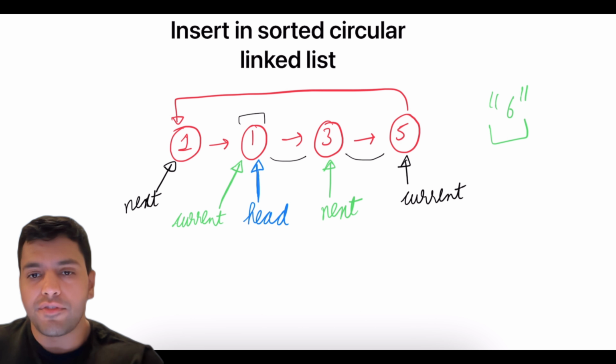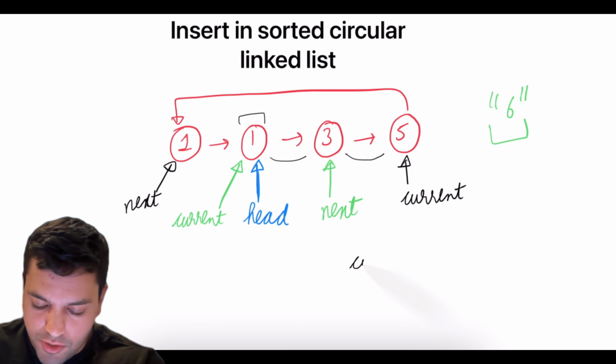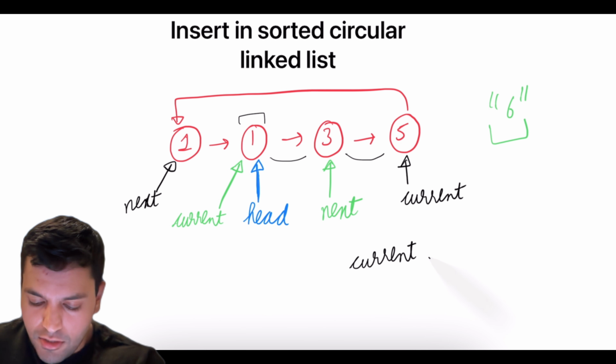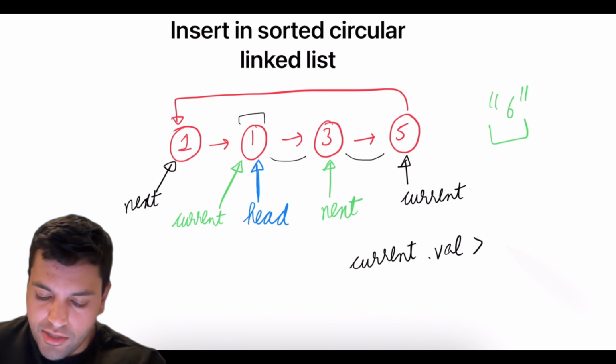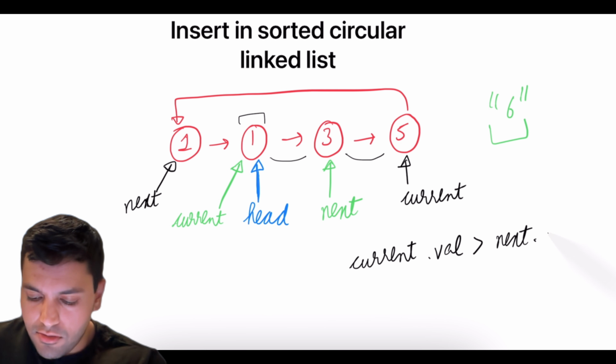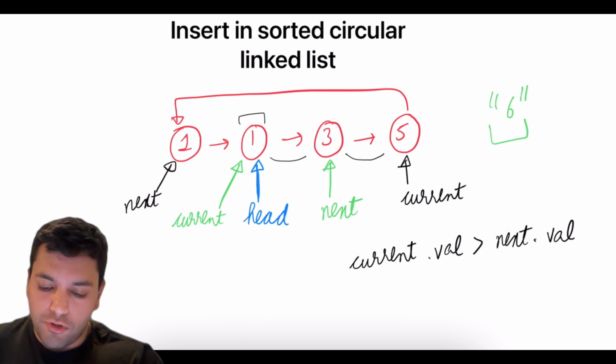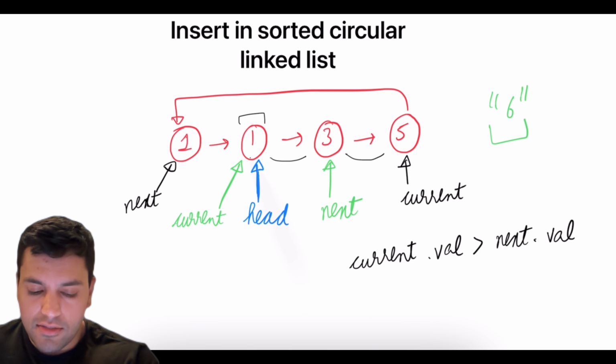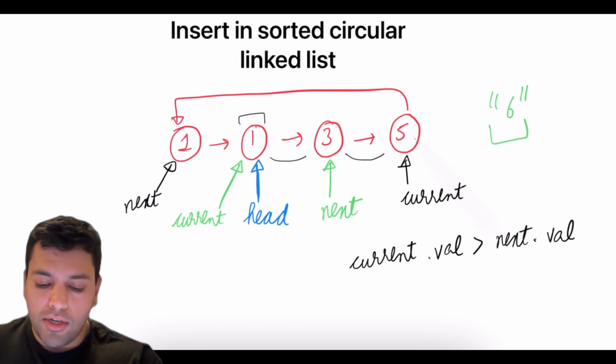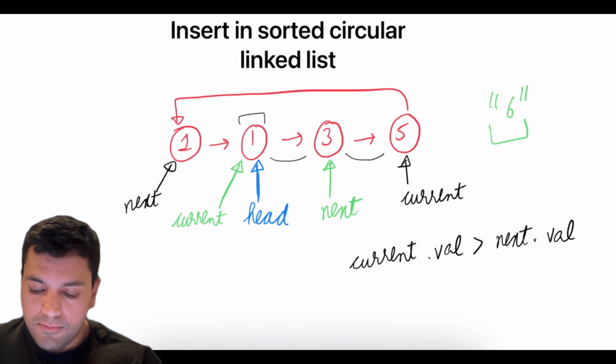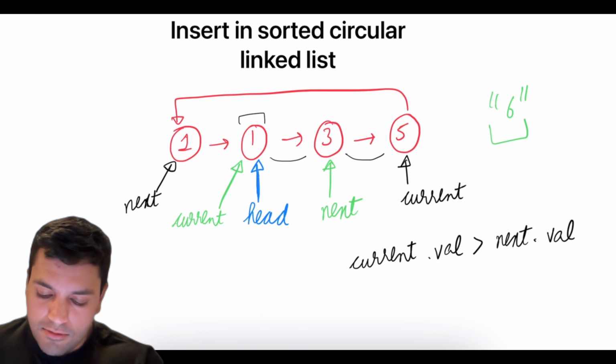So the answer is yes. So for this test case, we have to do another check where we are going to check if current.val is strictly greater than next.val. So before reaching node 5, as you can see, the next.val is greater than or equal to current.val, and only when we reach node 5, the situation flips and suddenly current is greater than next.